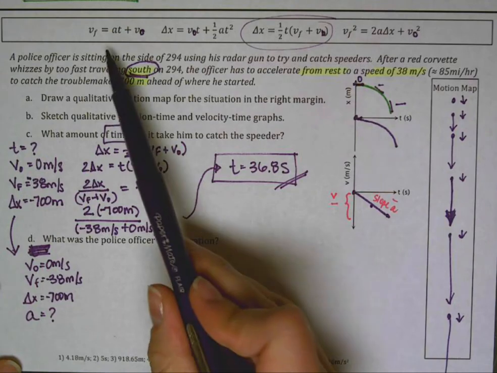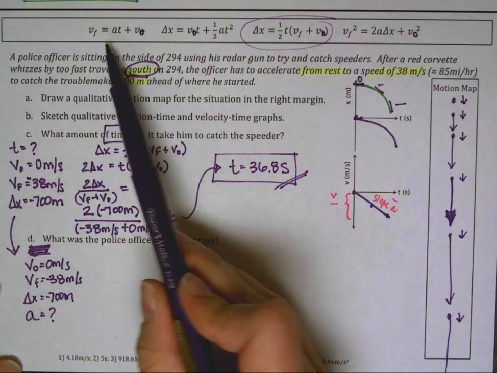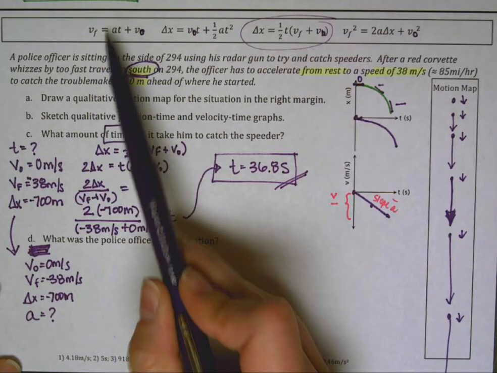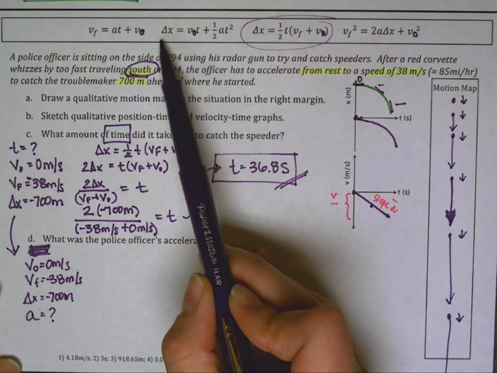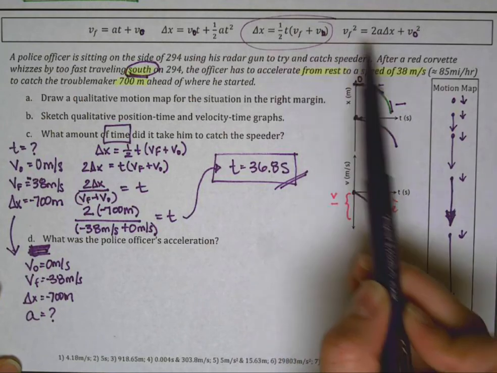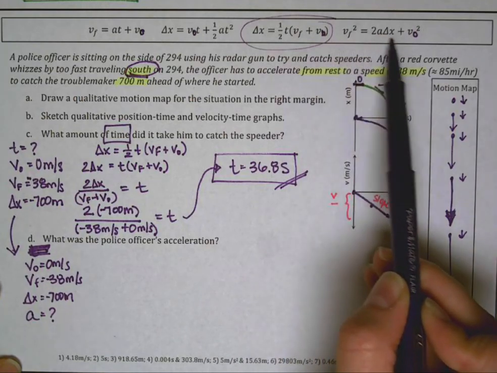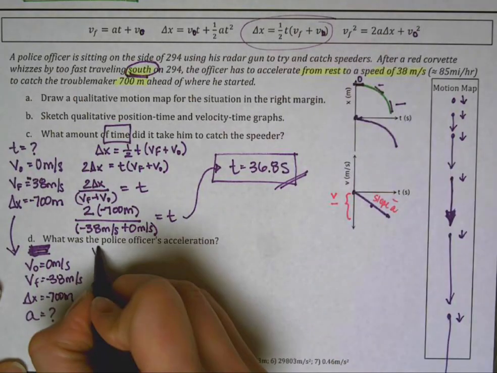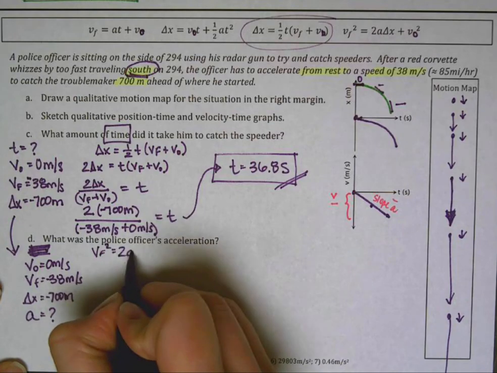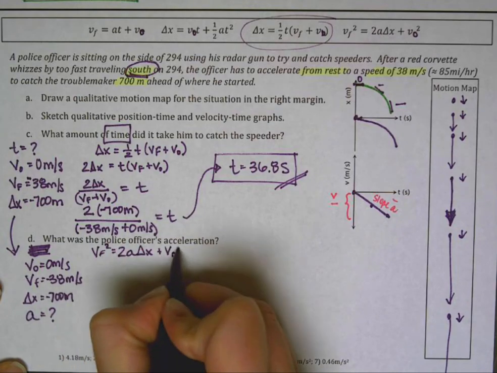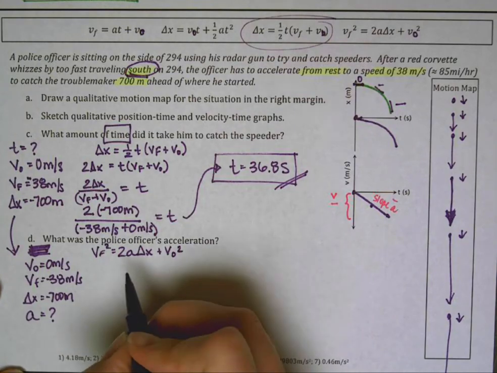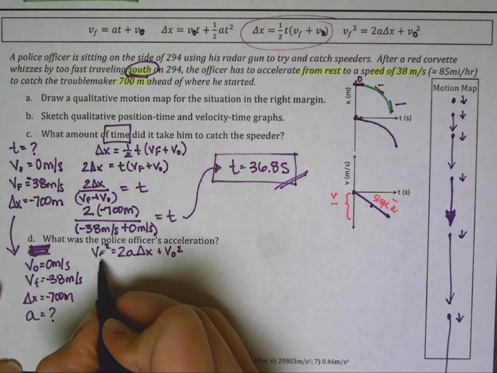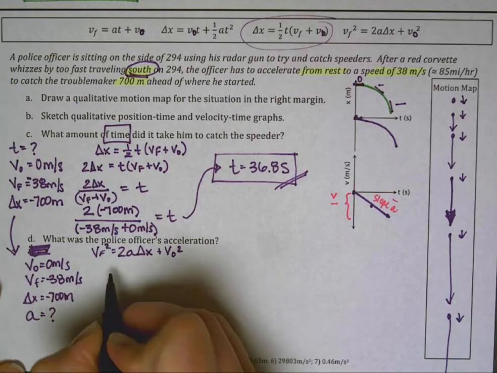We can look at this and say, okay, we have displacement, and we need to use that. So the one that really helps us out is Vf squared equals 2a delta x plus V naught squared. So I'm going to write that out. And again, solve for a before I plug any of my numbers in. So I subtract over V naught squared and divide by 2 delta x.